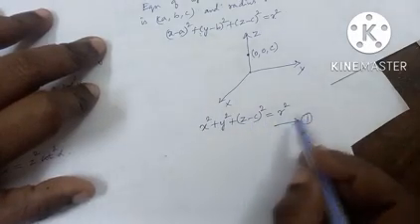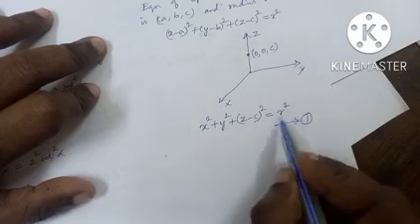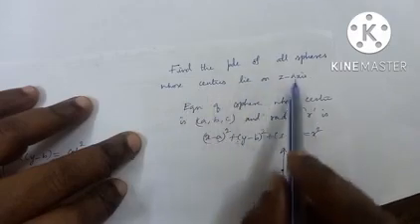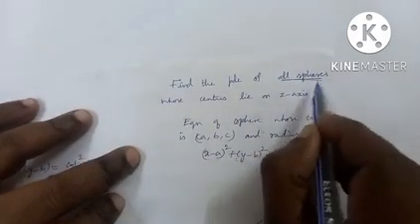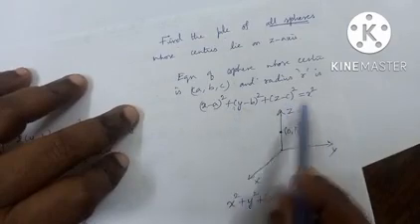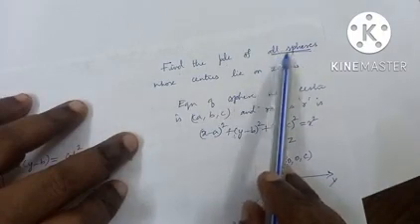So what are the arbitrary constants here? c and r. r is the radius. Radius can differ. It is not said in the problem that the radius is the same for all spheres. What is the meaning of all spheres? When the center and r take different values, we get different spheres. That's why it is all spheres.